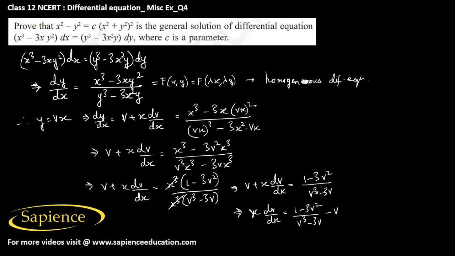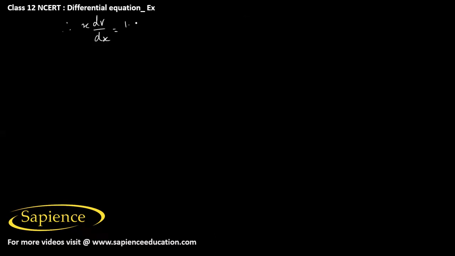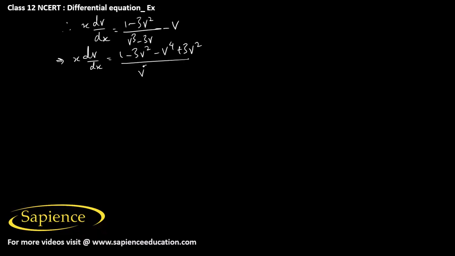So therefore we got x dv/dx equal to (1 − 3v²) divided by (v³ − 3v) minus v. So we can say x dv/dx will be equal to (1 − 3v² − v⁴ + 3v²) divided by (v³ − 3v).